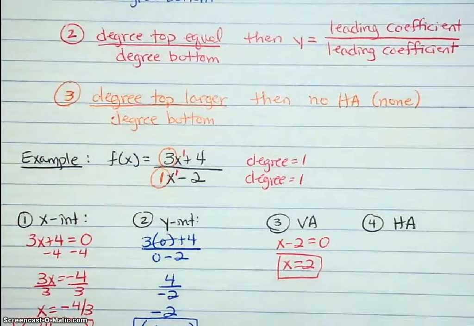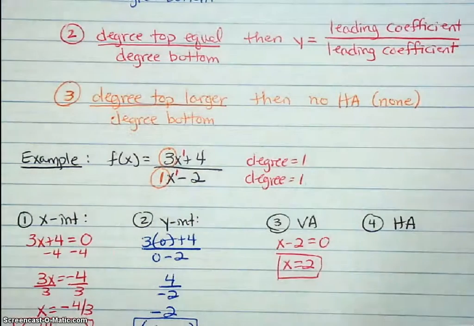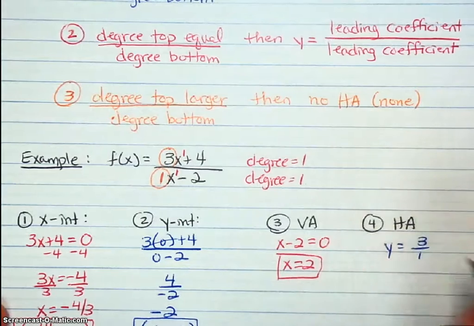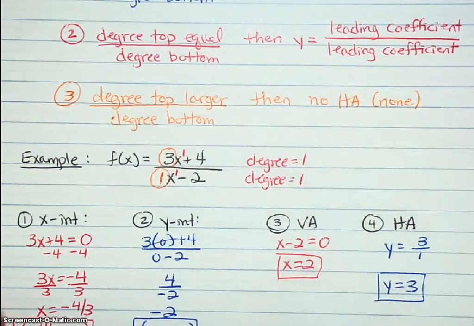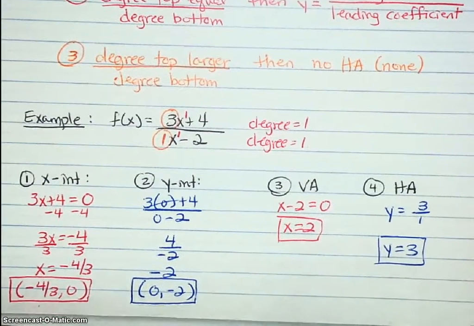So to find my horizontal asymptote, I simply divide that 3 and that 1. So my horizontal asymptote for this problem would be y equals 3 over 1, or I could just write y equals 3. And again, I will show you how to put that on the graph tomorrow so that you can graph these.